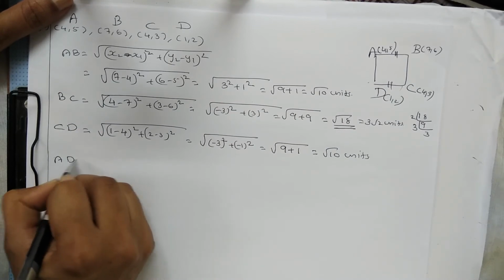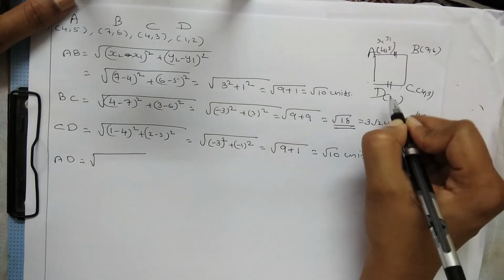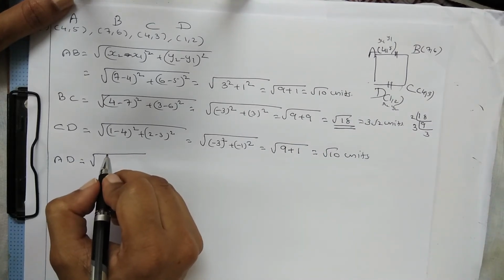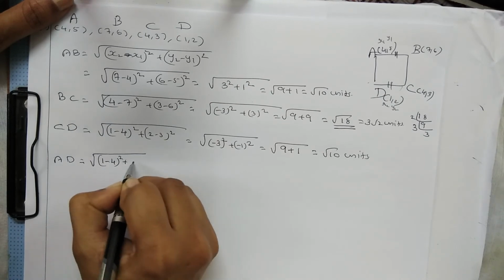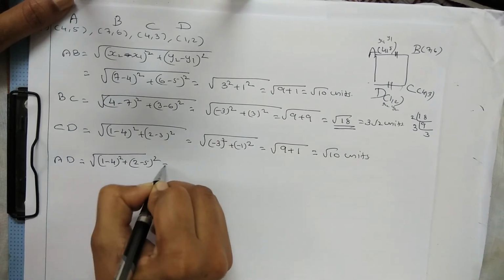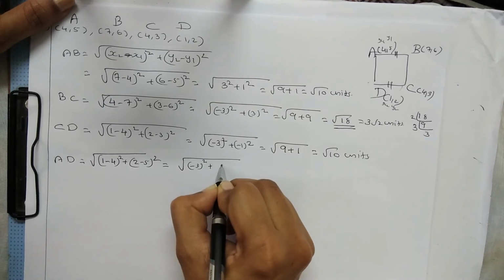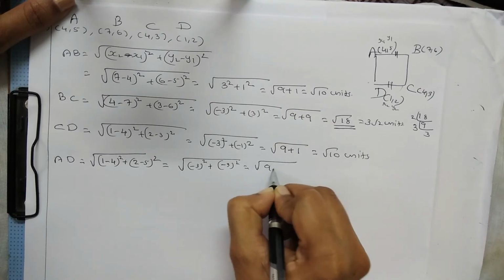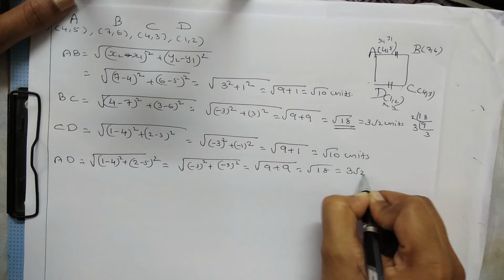AD is equal to root of, A will be x1 y1 and D will be x2 y2. So x2 minus x1 means 1 minus 4 the whole square plus 2 minus 5 the whole square, that is equal to root of minus 3 the whole square plus minus 3 the whole square, that is equal to root of 9 plus 9, that is root 18, that is equal to 3 root 2 units.